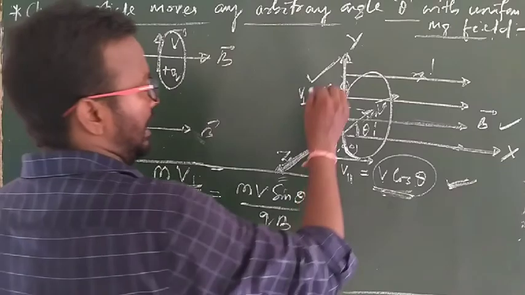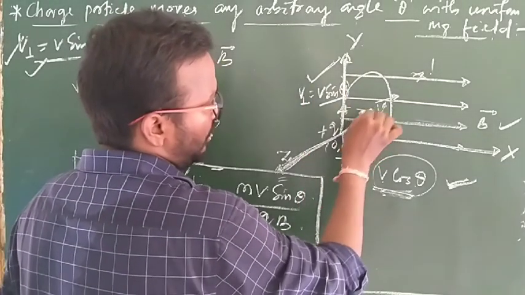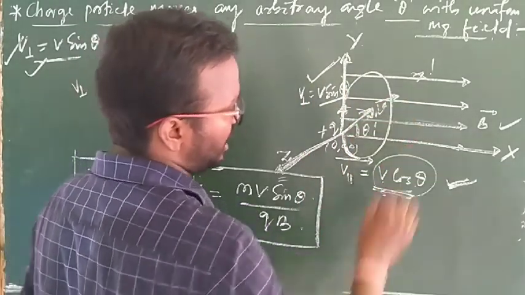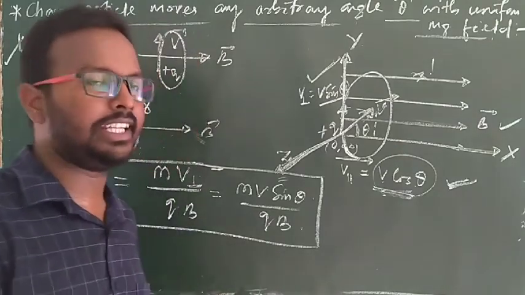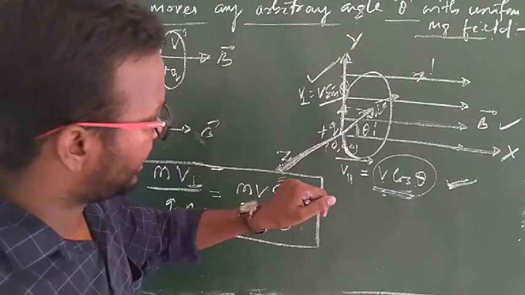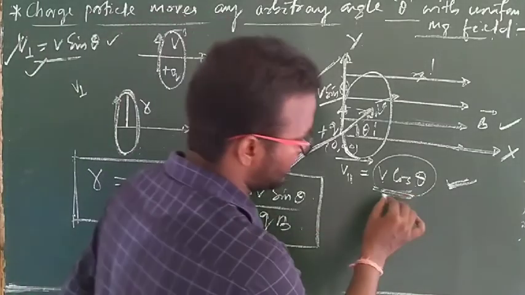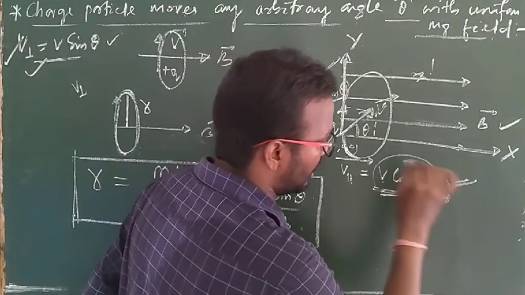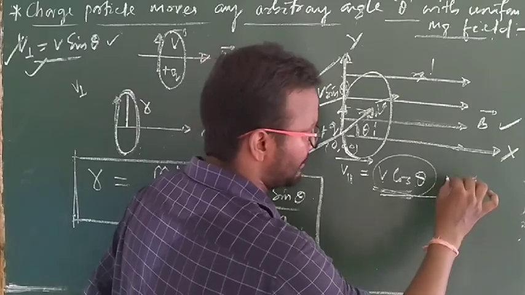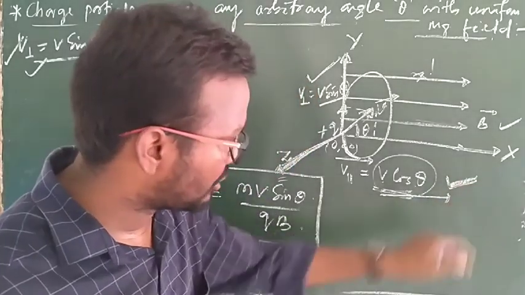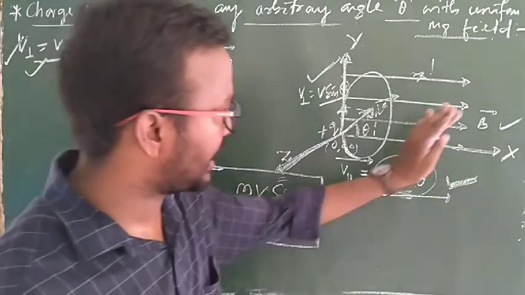So if a charged particle moves inside a uniform magnetic field at any arbitrary angle theta, due to its parallel component, the path of the charged particle is a straight line. This parallel component, v cos theta, is not affected by the magnetic force.